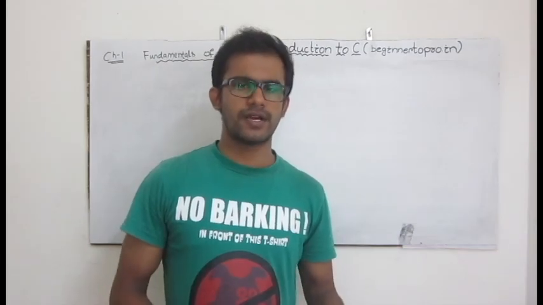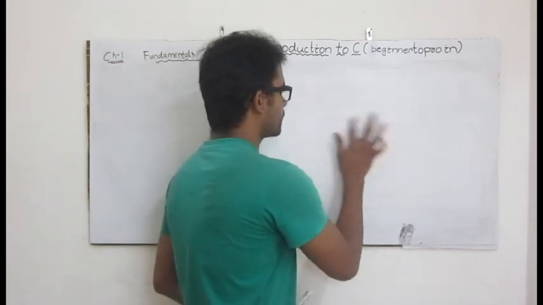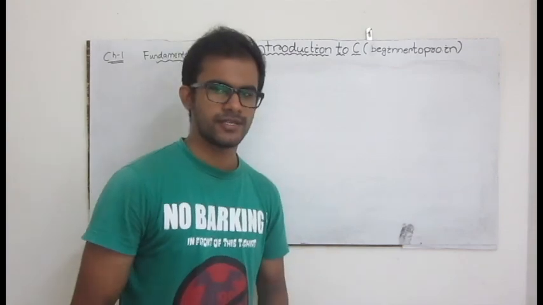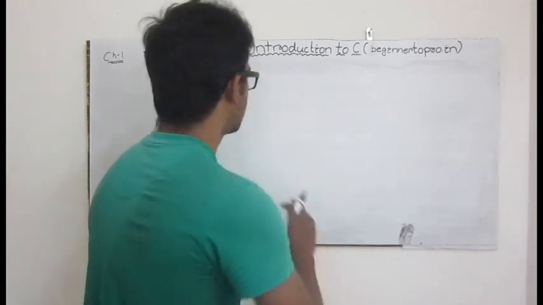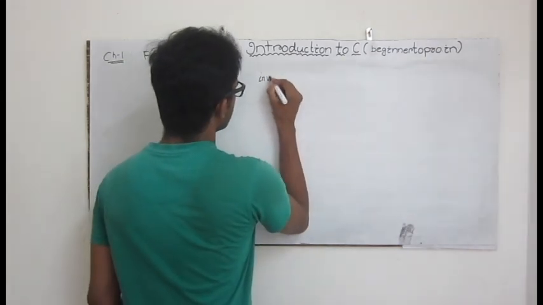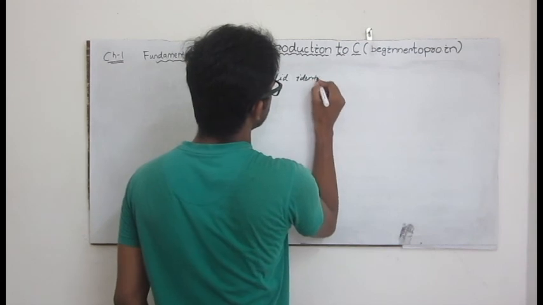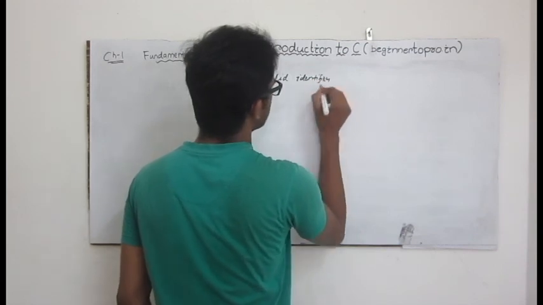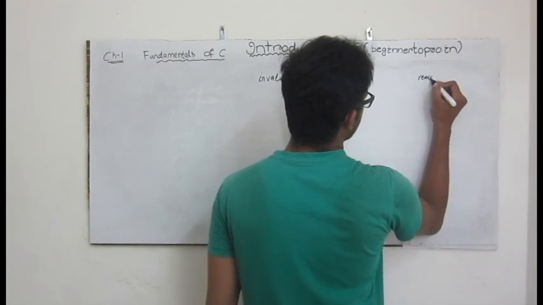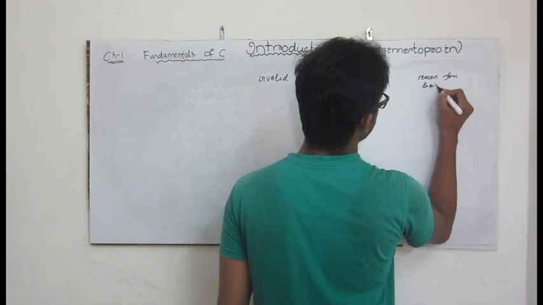As I have told you, I'll show some examples which are violating the rules of those identifiers which we have discussed earlier. So let's have a look at invalid identifiers and the reason for being invalid.